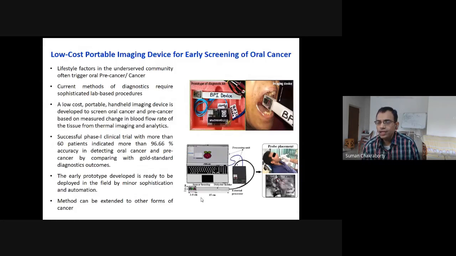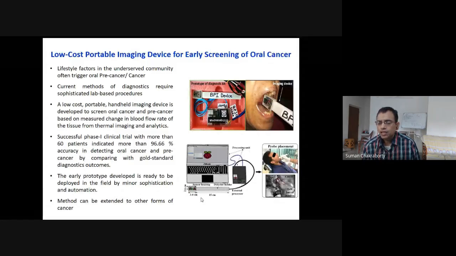So by doing that inverse calculation and calculating the blood flow rate of the tissue, and subsequent analytical procedure, it gives a recommendation of possible screening of oral pre-cancer, cancer in different stages.